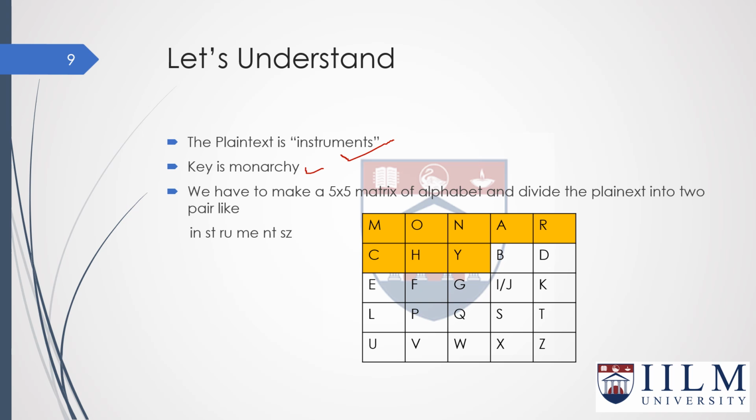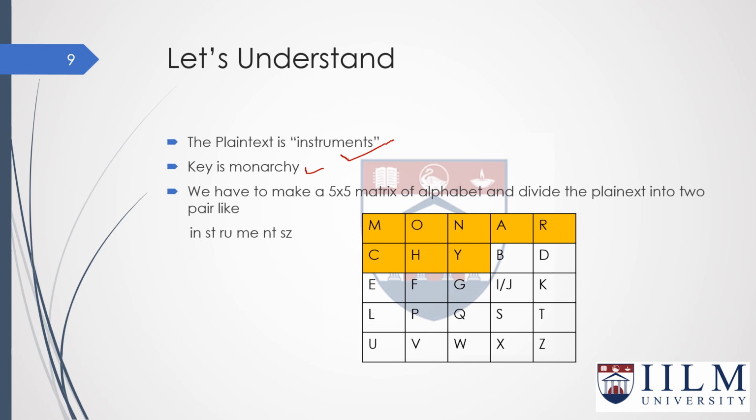So M is here, O is here, N is here, A is here, R is here, C, H, Y. So we have already placed 1, 2, 3, 4, 5, 6, 7, 8 letters. The rest of the English alphabet we have to arrange in the remaining cells without repeating any alphabet. So let's arrange all the rest of the letters.